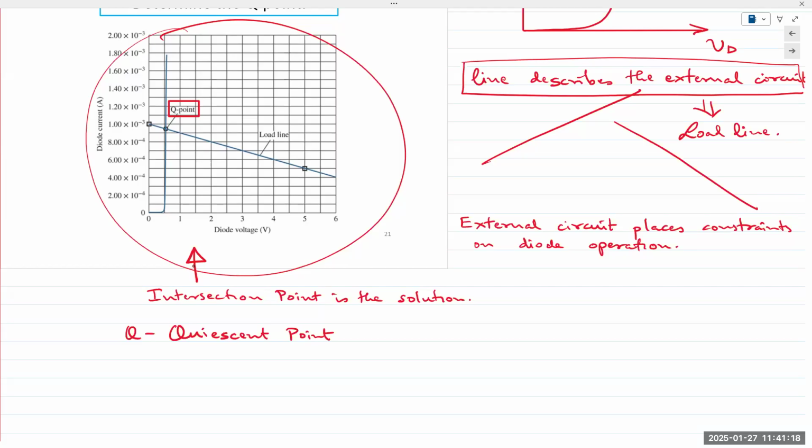The word quiescent is what the acronym Q stands for. This is basically the point at which the device is going to operate. It signifies the external constraint that is placed on our diode by that circuit.